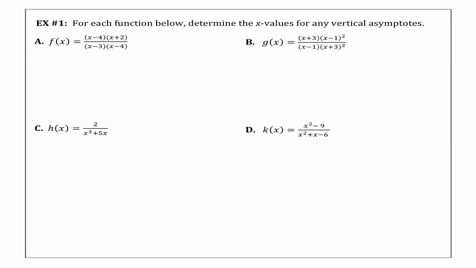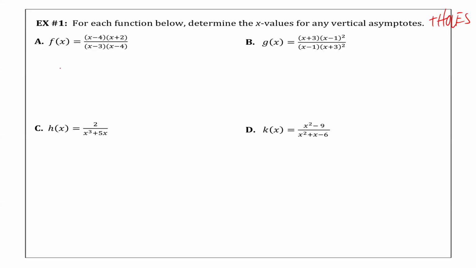So identify the holes. Tell me the holes also. Well, the x values for any is x equals for vertical asymptotes. So we're right, plus the holes. Okay? All right, go. I'll be walking around to assist.